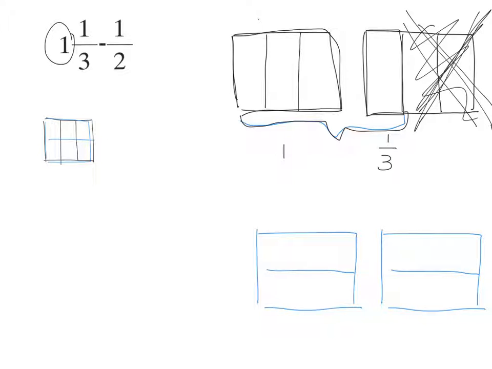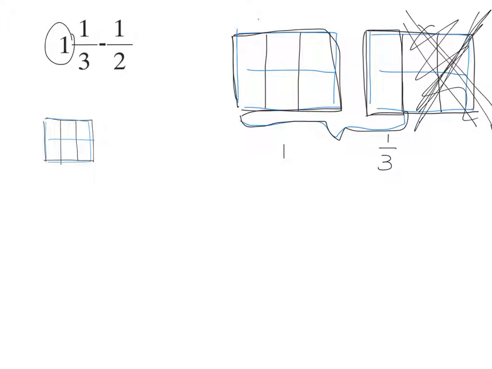Okay. Now if I want to make like units and split each of these into sixths, can I split each one into 6 like that? Okay, so now my 1 becomes how many sixths? 6 sixths, right? And our 1/3 becomes how many sixths? 2, right?